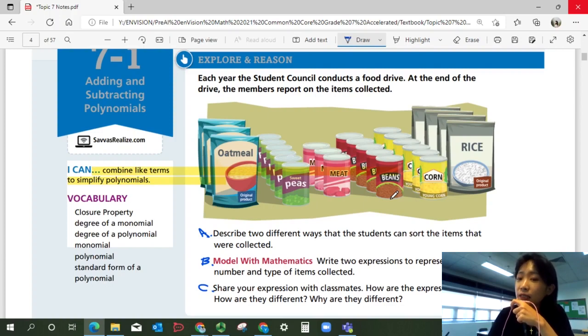Maybe the type of container it comes in. Maybe cans go together and then the packages go together. Boxes could go together. What are other types? You can order them by price, how cheap they are, how expensive they are. But yeah, let's describe 2 different ways.